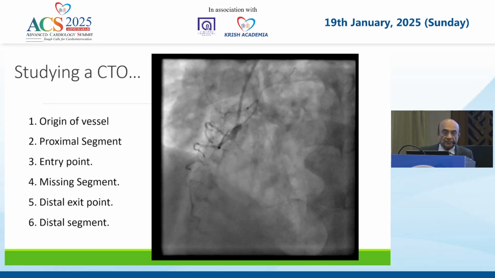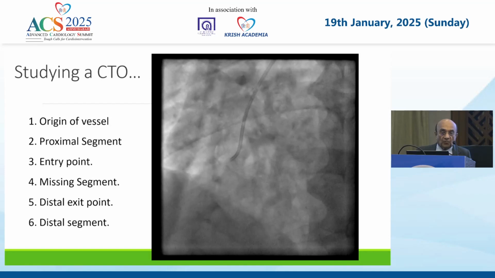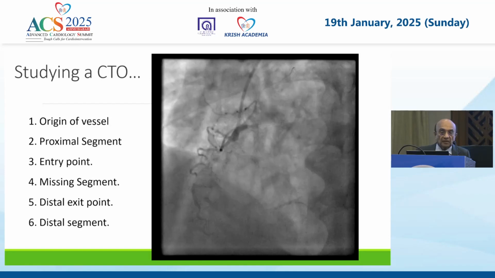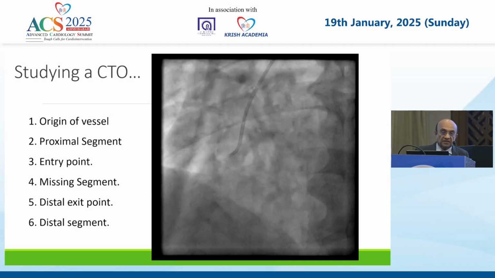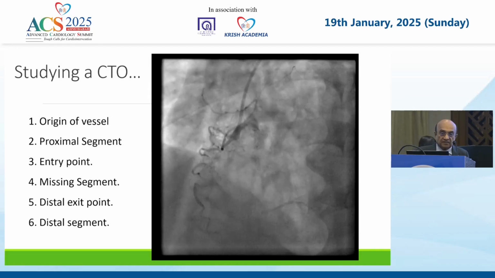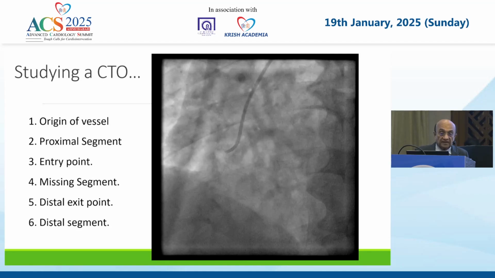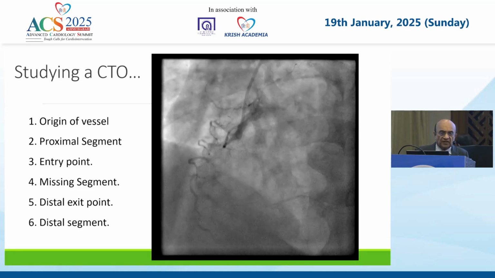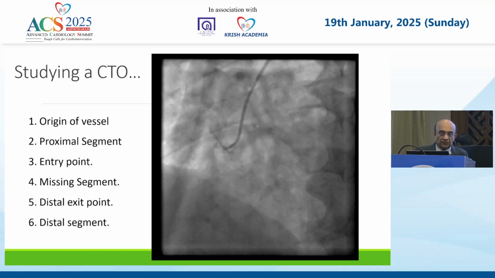The vessel has not been adequately and properly cannulated. The proximal segment is so very proximal that in case I need support by taking, let's say, an anchoring balloon, that may not be possible. The entry point is not very clear because a couple of branches are coming out at that point of anatomy.